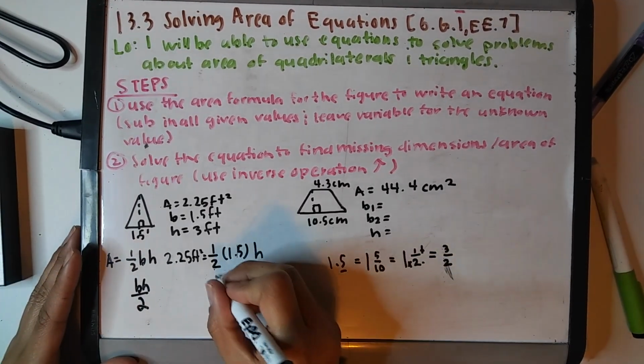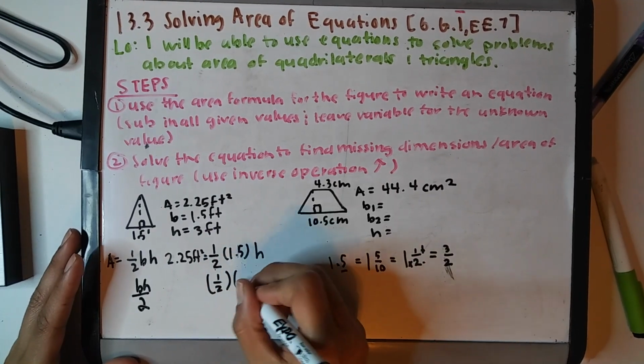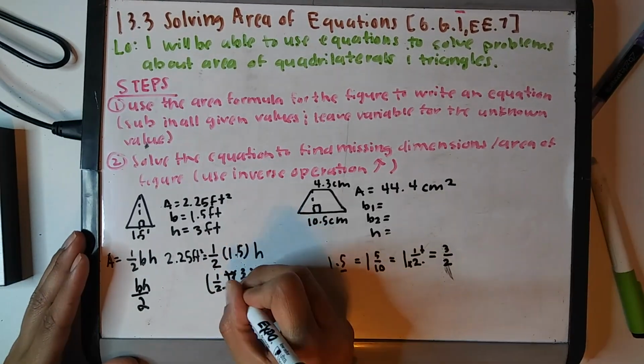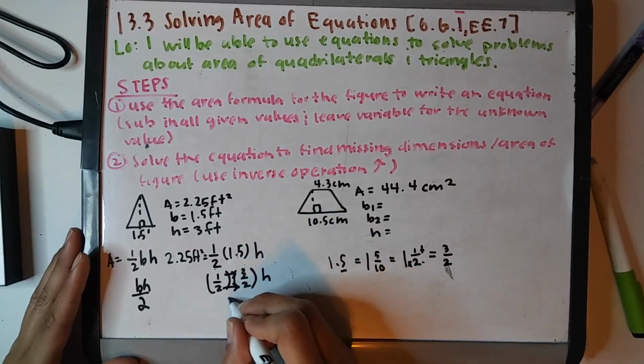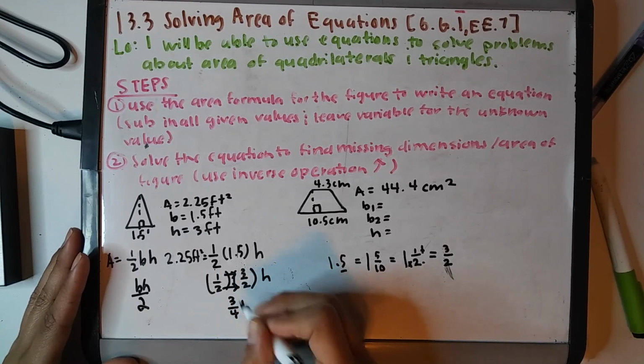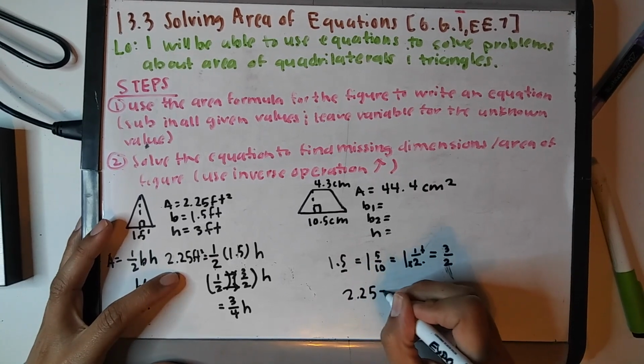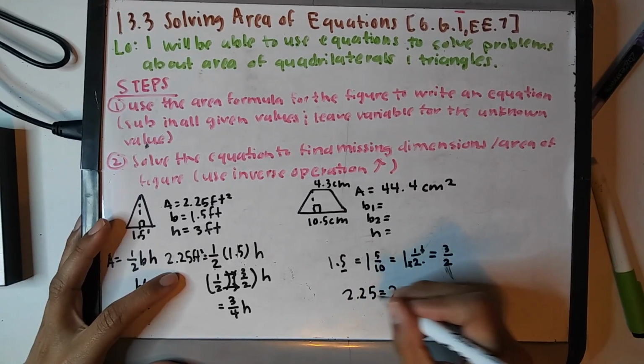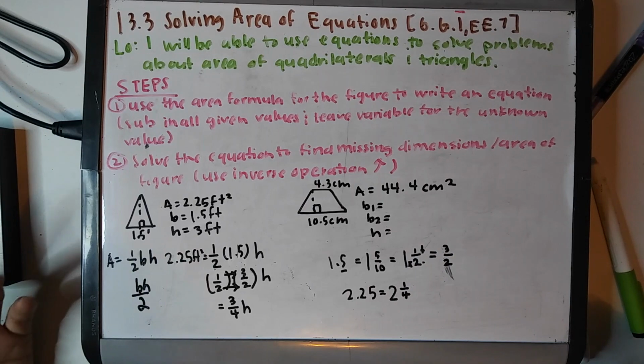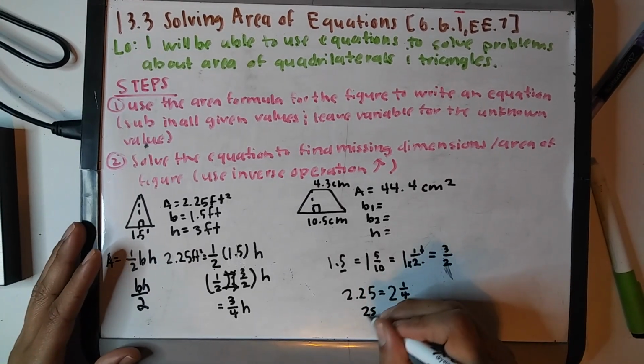So then I go 1/2 times 3/2, and then times height. So that's 3/4 times height equals this. And again, I have to change that also into a fraction. So that's 2, and then I know .25 is just 1/4.